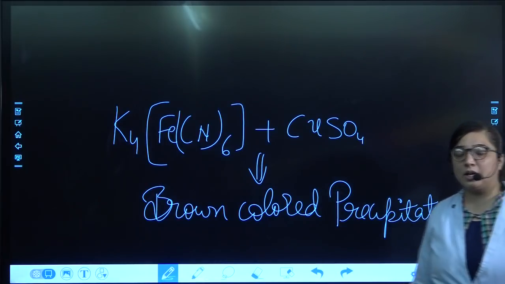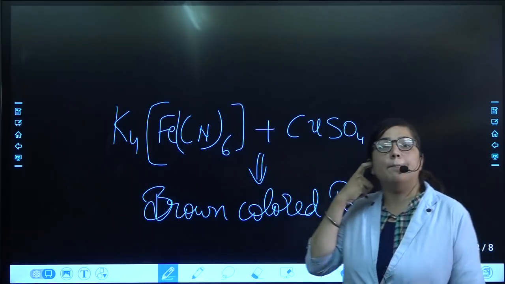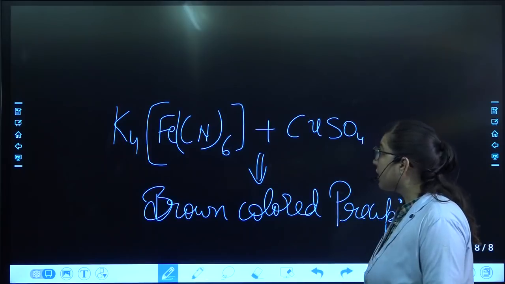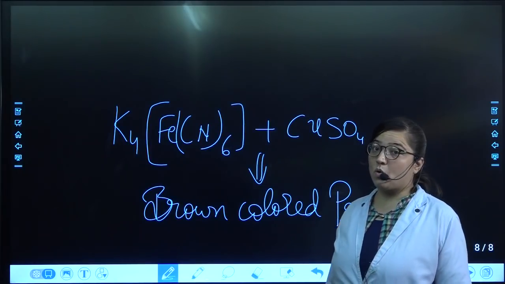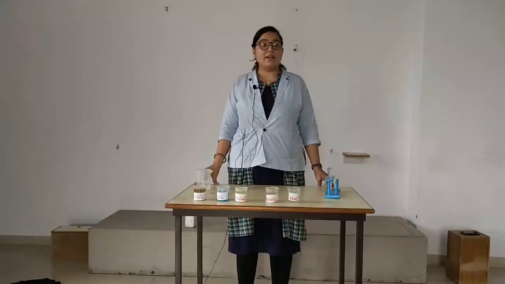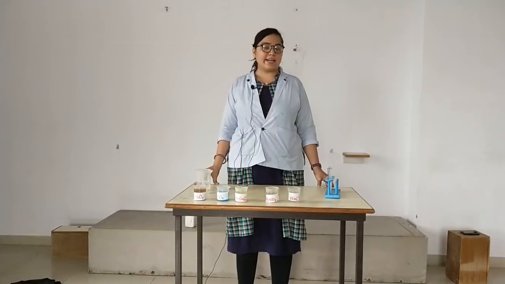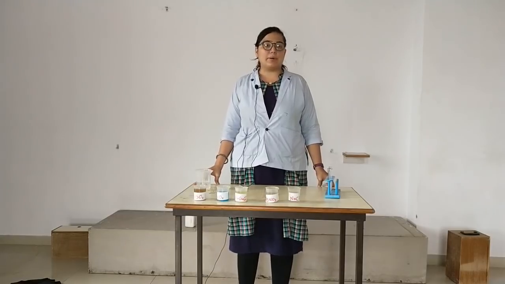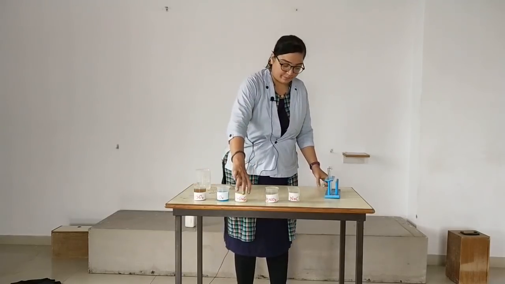What is the color of the precipitates? It's brown colored. Okay, so you just wait and observe it. Now let's move further on to the next type of precipitation reaction.